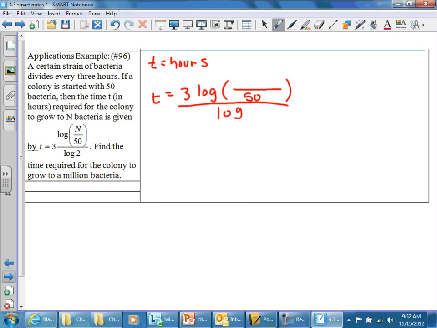And it says find the time required for the colony to grow to 1 million. So here I know that I wanted to grow to 1 million. Since this log is base 10, you can put it in your calculator, and you should get approximately 42.86 hours. Make sure you can do that.